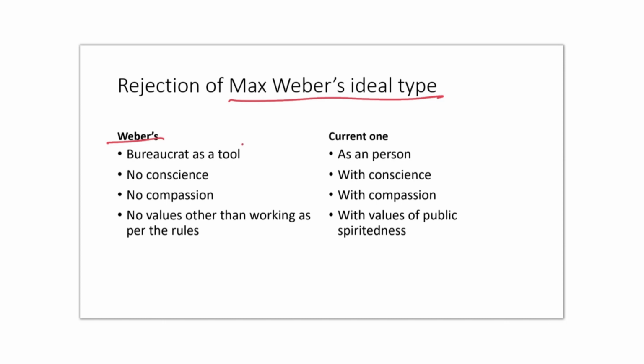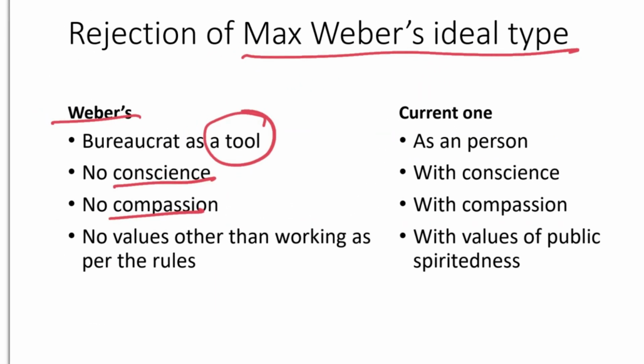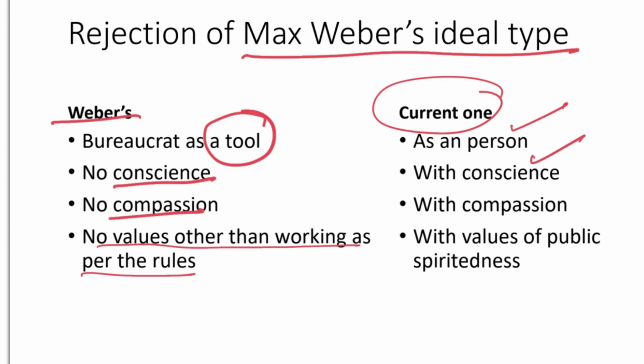Weber's model is that the bureaucrat is a tool, with no conscience, no compassion, no values other than working as per the rules. Whereas what is expected is a bureaucrat who is a person with conscience, compassion, and values of public spiritedness.